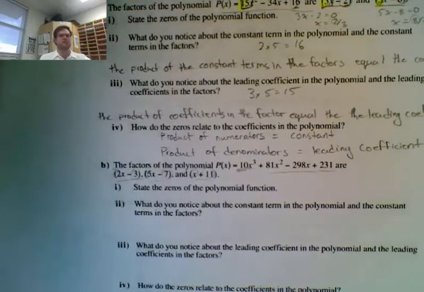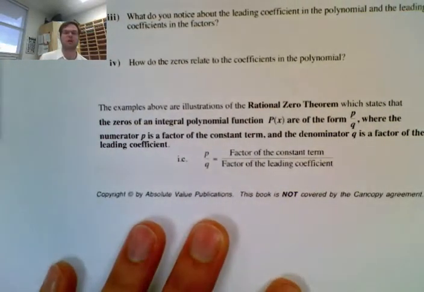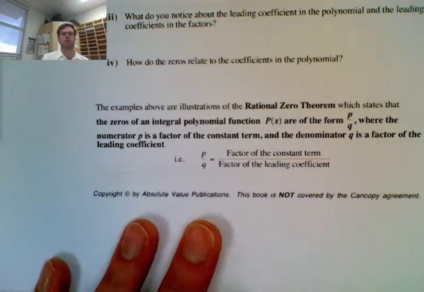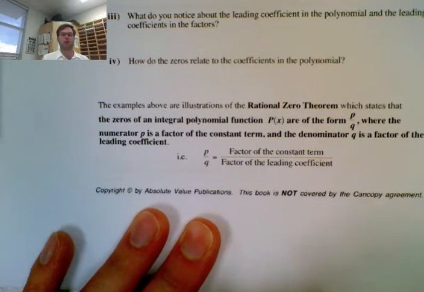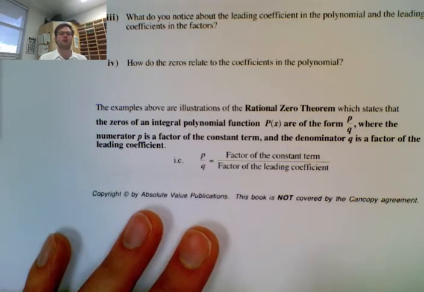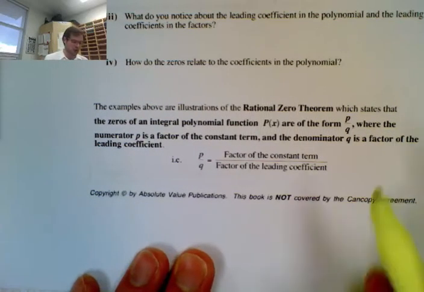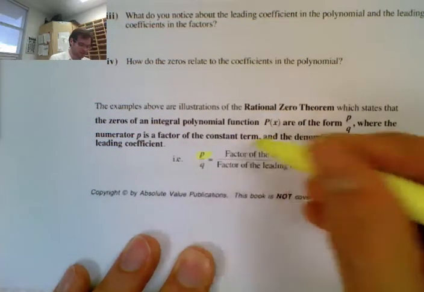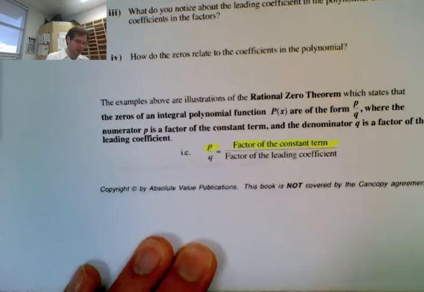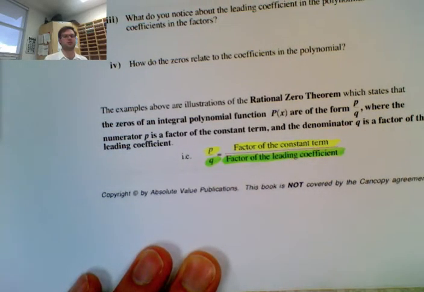So it's just reinforcing our rational zero theorem, which states that the zeros of an integral polynomial p of x are of the form p over q, where the numerator p is a factor of the constant term and the denominator q is a factor of the leading coefficient. Okay?